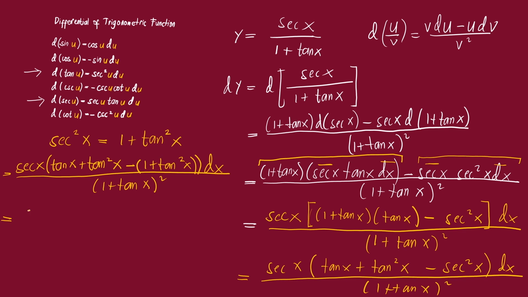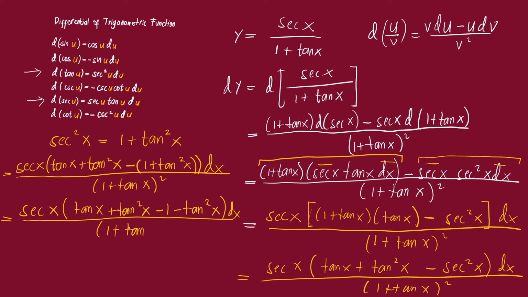Simplifying this further, we'll have secant x times tangent x plus tangent squared x, multiplying the negative to both terms, both 1 and tangent squared x. So we'll have minus 1 minus tangent squared x, dx, all over, of course, the denominator 1 plus tangent x squared.